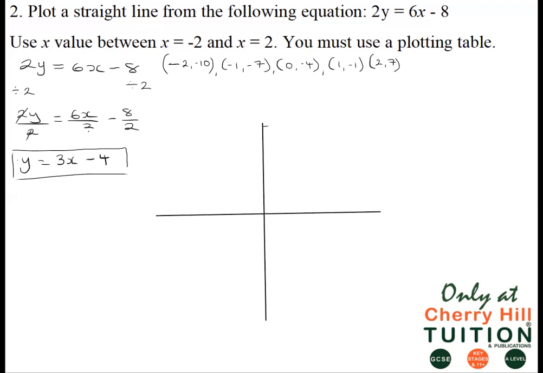So we have 10. What we will do is go up in twos. We have 2, 4, 6, 8, and 10. We have minus 2, minus 4, minus 6, minus 8, and minus 10.